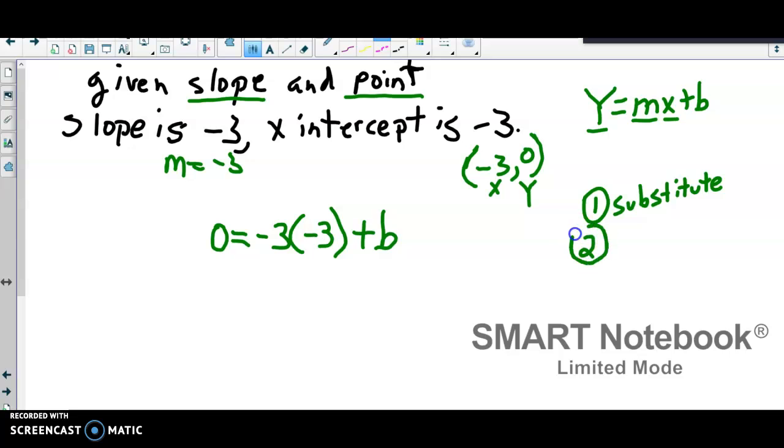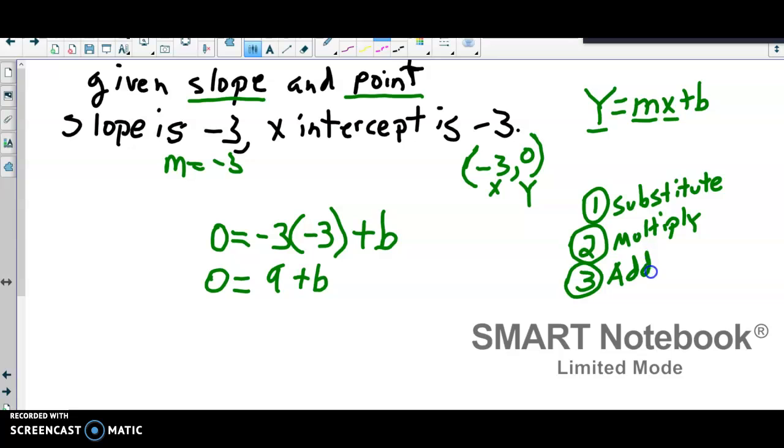Step 2 is going to be multiply. So I'm going to do the -3 times -3. Negative negative gives me a positive. So I'm going to get +9. So my next line is going to be 0 equals 9 plus b. Third step, add or subtract.